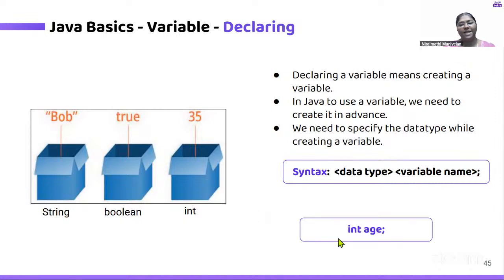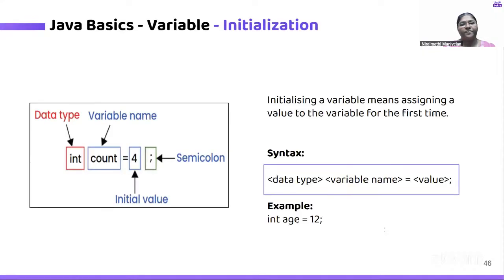So for example, int age. This is how we are declaring the variable. And then we will initialize the value. Int age equals 25. That is how we initialize the value. This is your variable initialization. We are declaring a variable and storing a value inside that variable. That is how a variable is initialized.